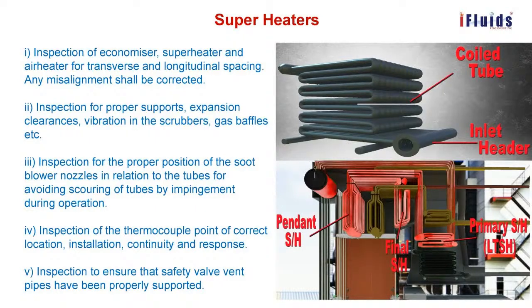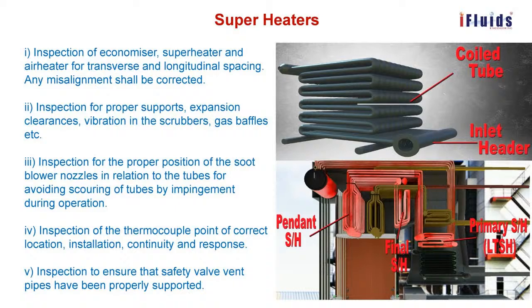Inspection of economizer, superheater and air heater for transverse and longitudinal spacing. Any misalignment shall be corrected. So this is the economizer. The purpose of the economizer is to preheat the feed water.